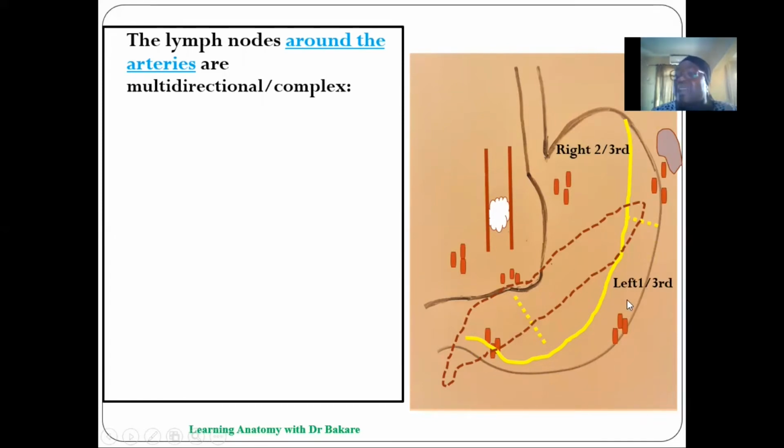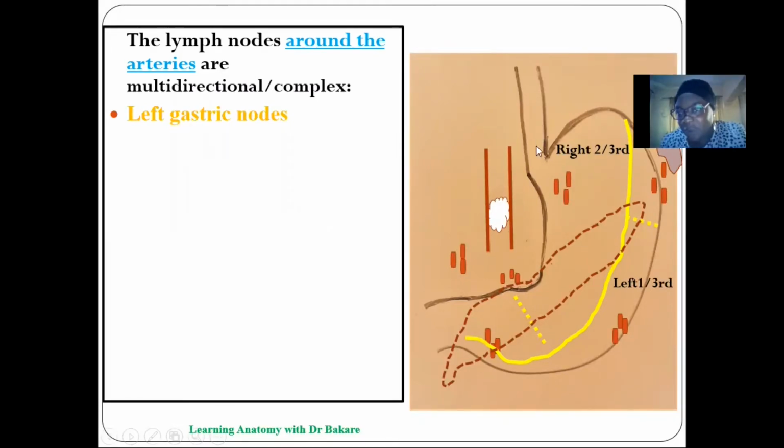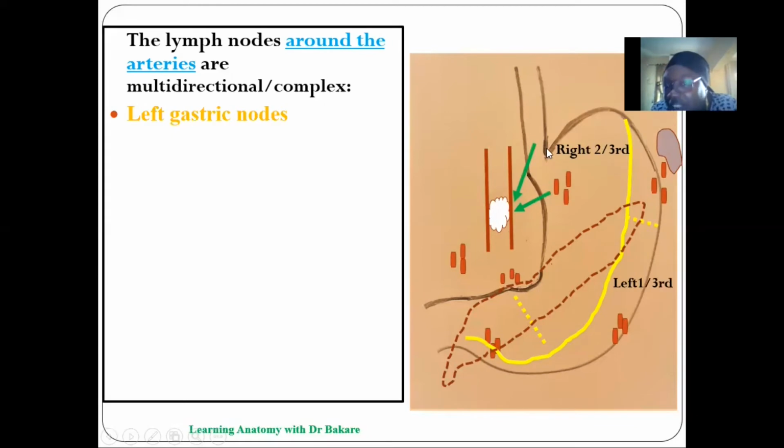Going further, let's now pick the different lymph nodes and see the pattern or the direction by which they drain. For the left gastric lymph node, this left gastric lymph node will drain the lower part of the esophagus and the upper part of the lesser curvature. So lymph from this region will be collected and will be directed into the celiac lymph nodes.